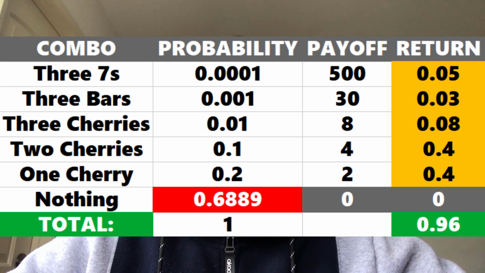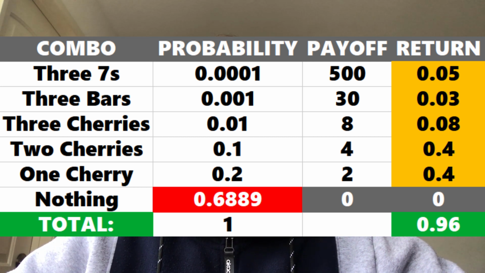On the first row, the probability of landing 3 sevens is 1 in 10,000, or 0.01%. The payoff is 500 units, or credits, assuming a bet of just 1 credit. Multiply the 2 values, and that equals a return of 0.05, or 5%.